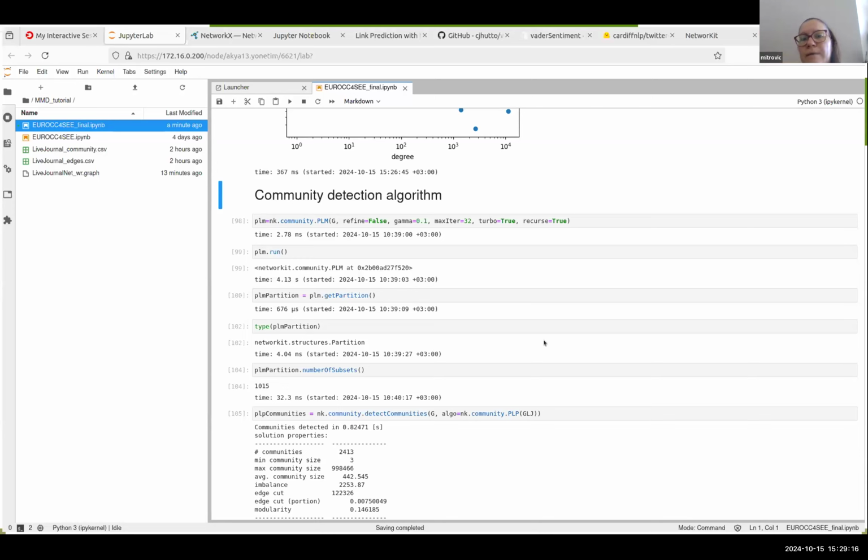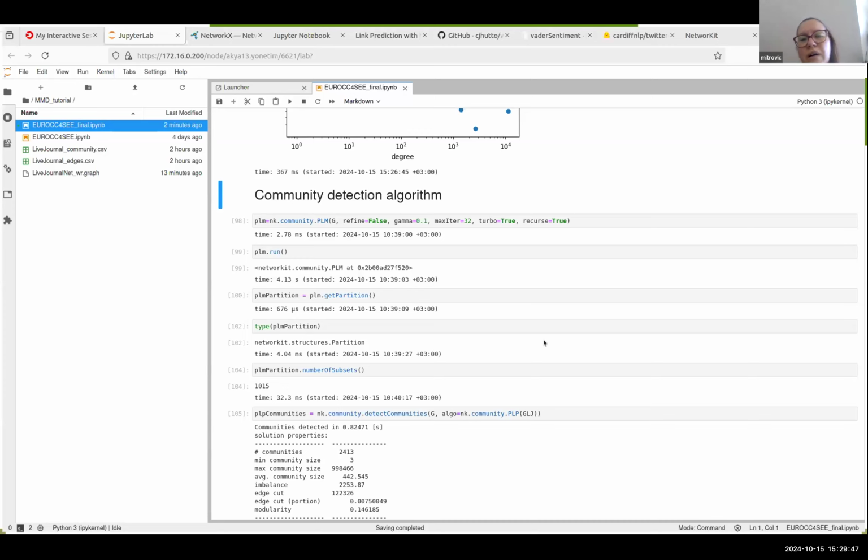Due to this, you really need to find the best algorithm to optimize your function and find really the global maximum of that function. There are many algorithms that try to do this, and officially maximizing modularity on networks is an NP-complete problem, but there are heuristic algorithms that enable their calculation.